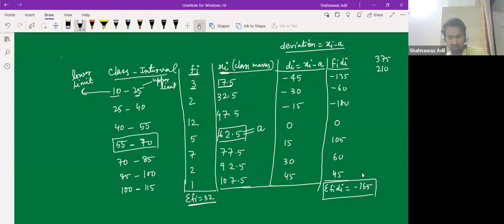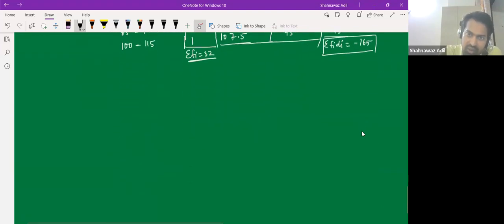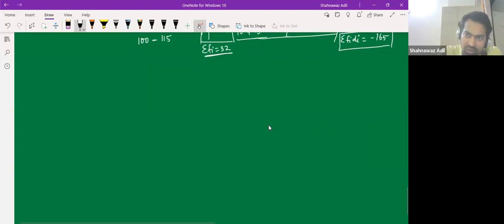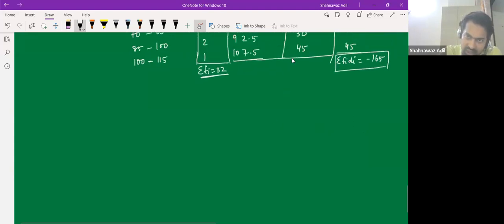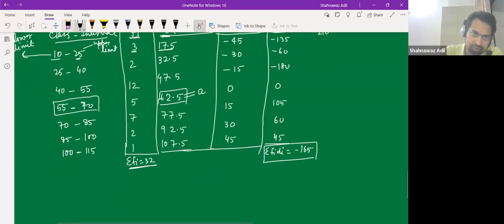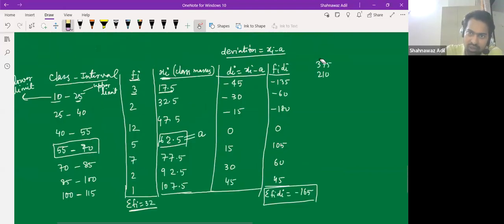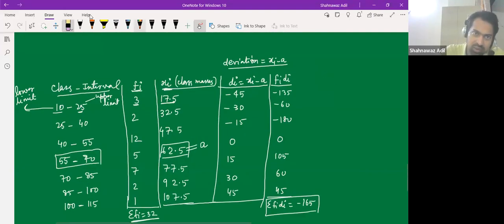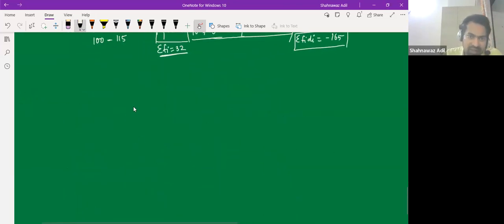Now you have to calculate the mean. First, let me derive that for you, and I will come to this point later. We have calculated di, which is xi minus a.